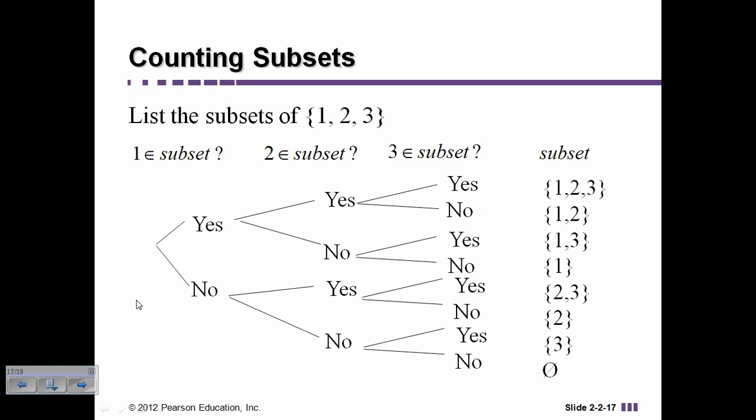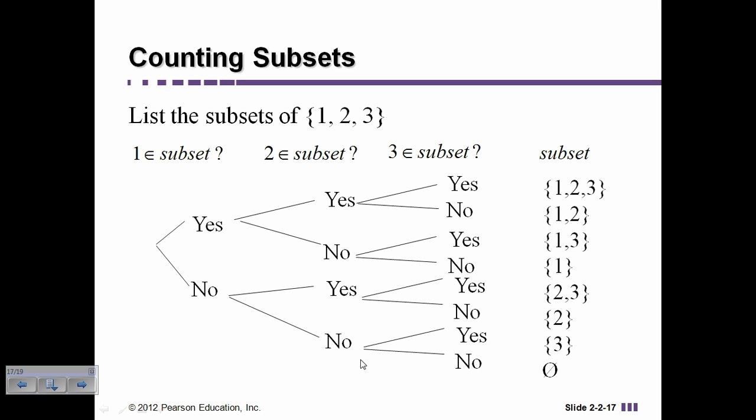So here's that list of subsets for you. What I did, I took the 1, 2, 3, and I broke it down more. So if 1 is in the subset, it could have 2 in it, and it could have 3 in it, so that would be {1, 2, 3}. If 1 is in it, it might not have 2 in it, but it might have 3 in it, so that would be {1, 3}.